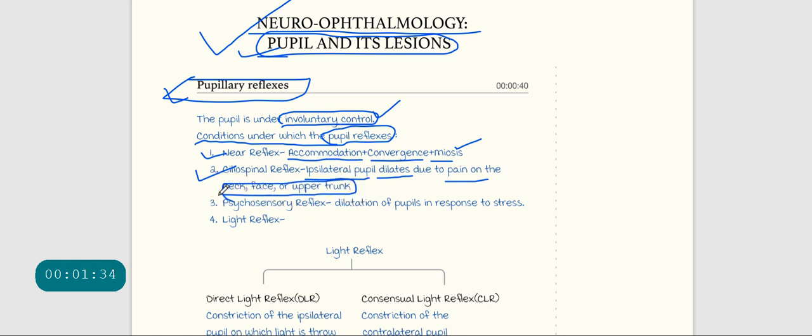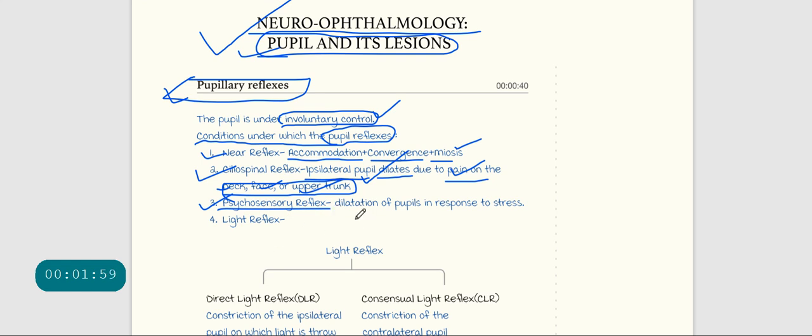So if I pinch you, or if any pain stimulation is given on the neck, face or upper trunk, then your pupil will dilate ipsilaterally. Very easy. Now the next is the psychosensory reflex.